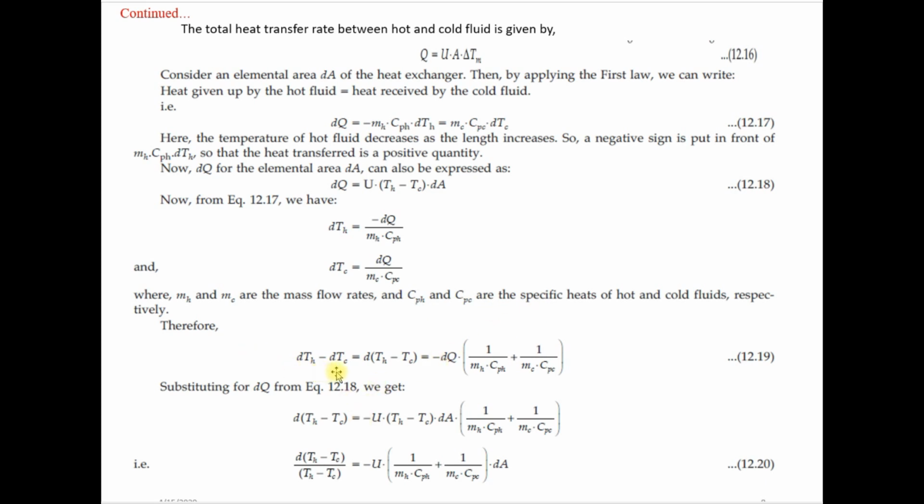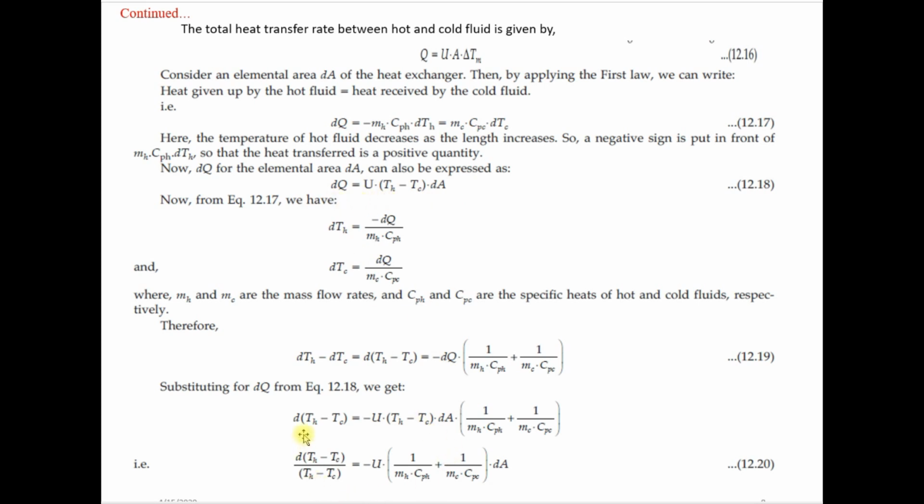dTh minus dTc, from this equation we can write d(Th - Tc) = -dq (1/(mh cph) + 1/(mc cpc)). This is just a simplification of this step, and they have substituted the value of dq from here.